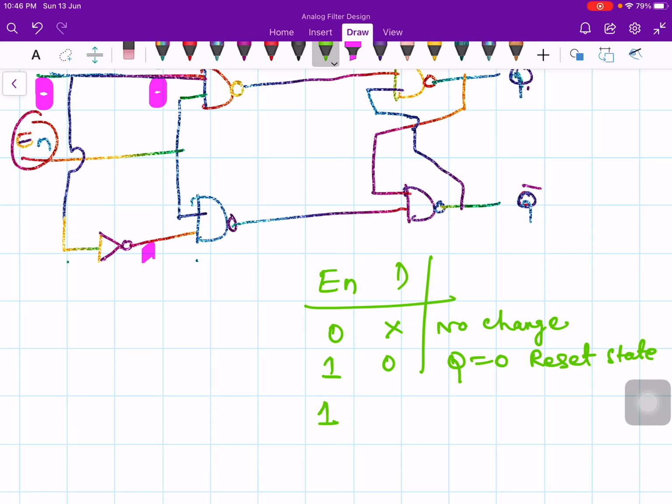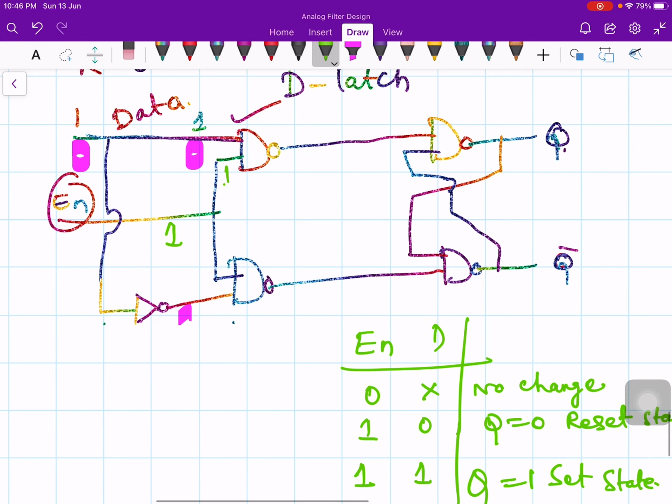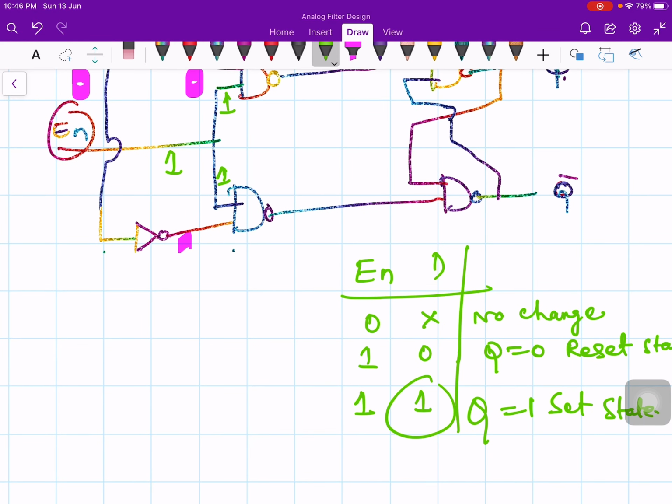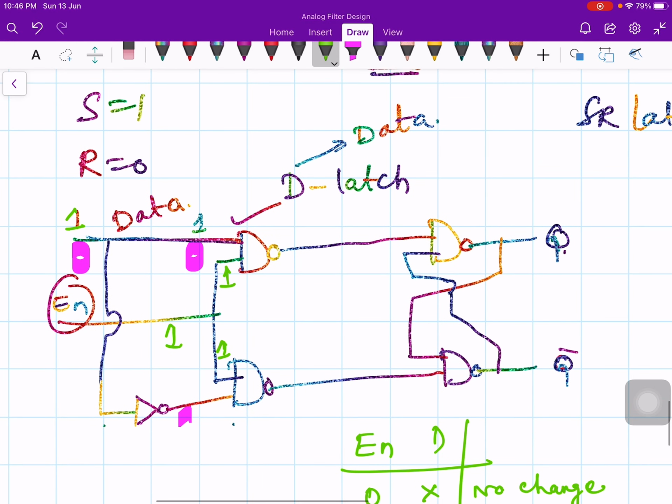When enable is 1 and D is 1, then Q is 1. This is called a set state. Let me take 1. When enable is 1, this point is 1, this point is 1. When D is 1, this is also 1. What about this point? This 1 comes here, so here it is 1, and this is 0.